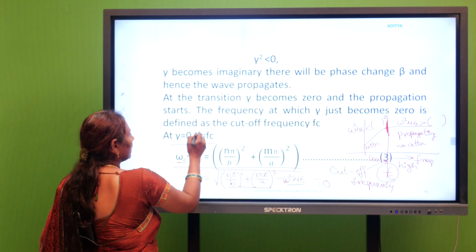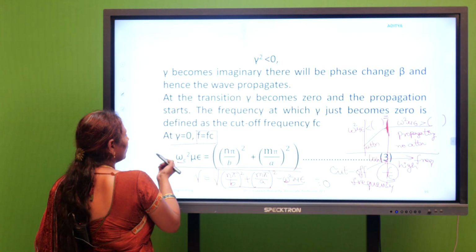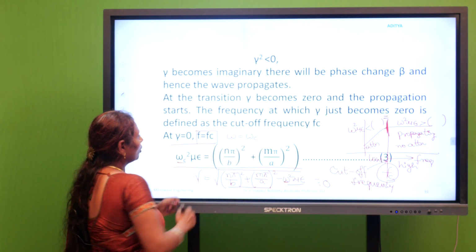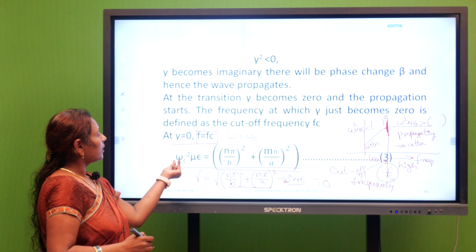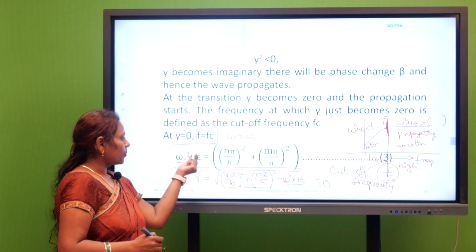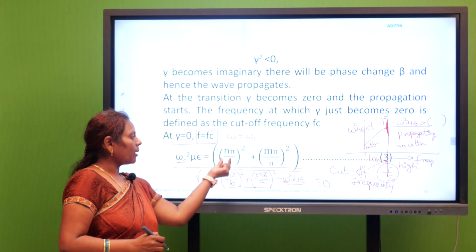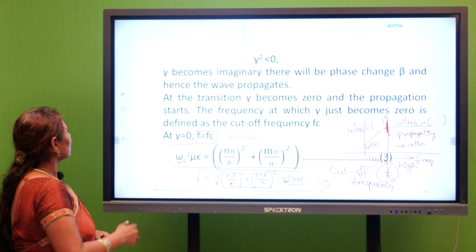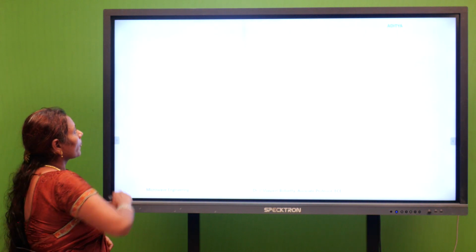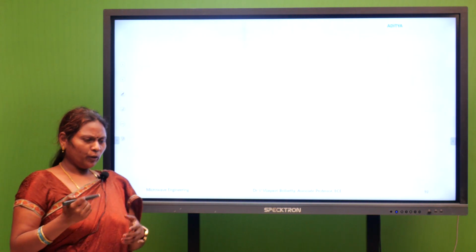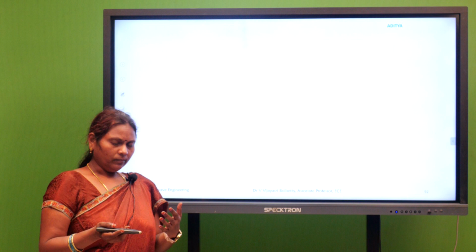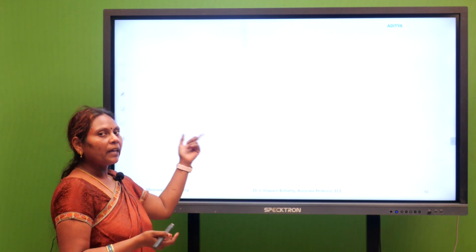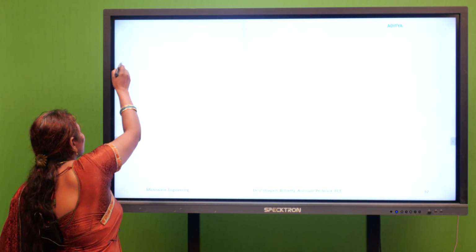So either f is equal to fc, or we call omega equal to omega c. So we are replacing omega here: omega c square mu epsilon is equal to (n pi by b) whole square plus (m pi by a) whole square. Let us consider this as our equation 3, and so now we have the relation for the cutoff frequency. From equation 3 we can obtain omega c.